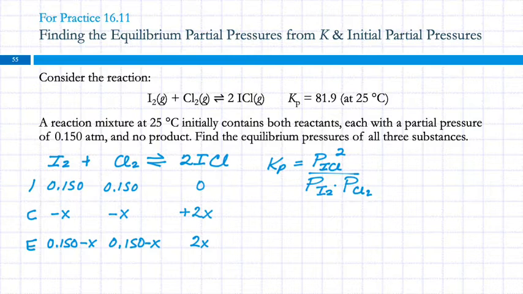So they gave me Kp was 81.9, and so that's going to equal the expression for that product squared divided by the pressure for I2 times the pressure for Cl2. Well, they are the same. So I could put in that this is 0.150 minus X squared.